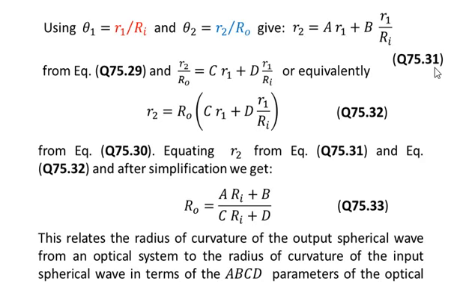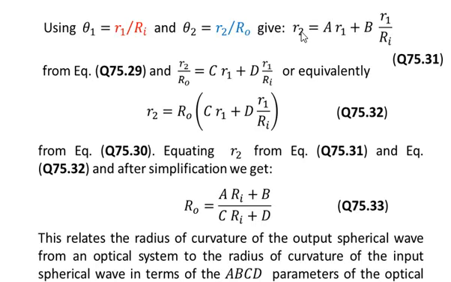So equating the value of R2 from equation number 31 with the value of R2 from equation number 32, we get this value. So you see that this is R2 from equation number 31 and this is R2 from equation number 32.